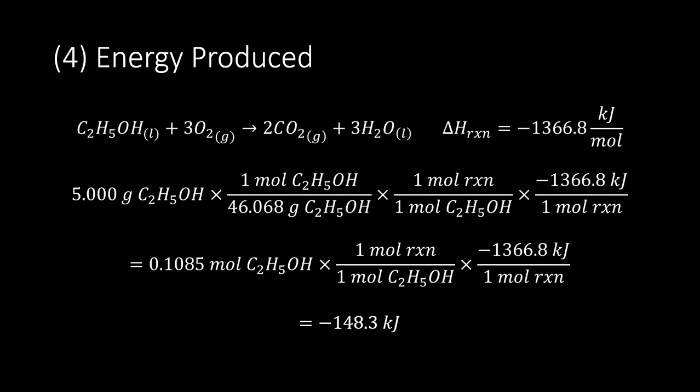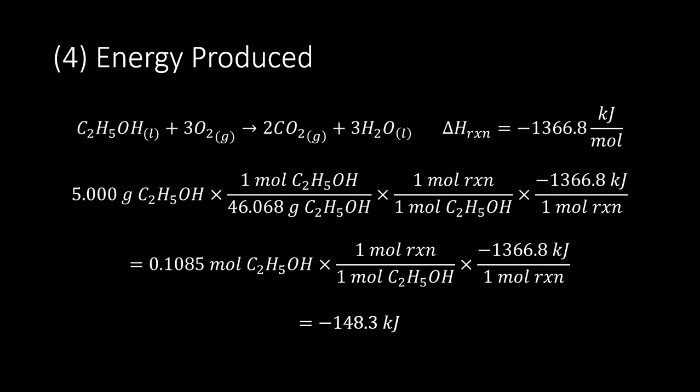So we have 5 grams of ethanol divided by 46.068 grams, times 1 mole of reaction over 1 mole of ethanol, times the enthalpy of reaction, or negative 1366.8 kilojoules per 1 mole of reaction. And if we did that, we would get negative 148.3 kilojoules.